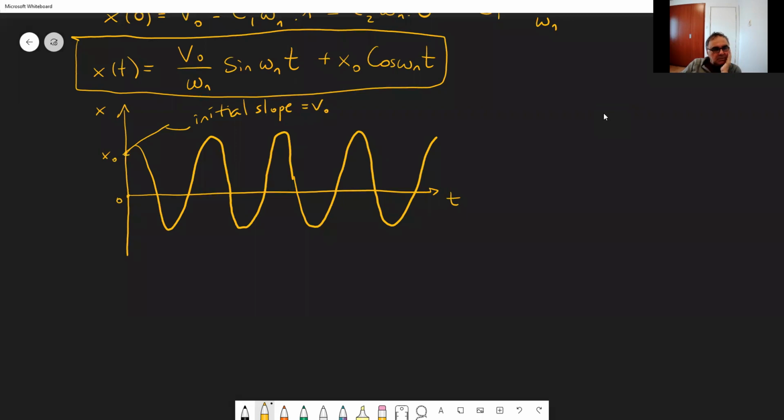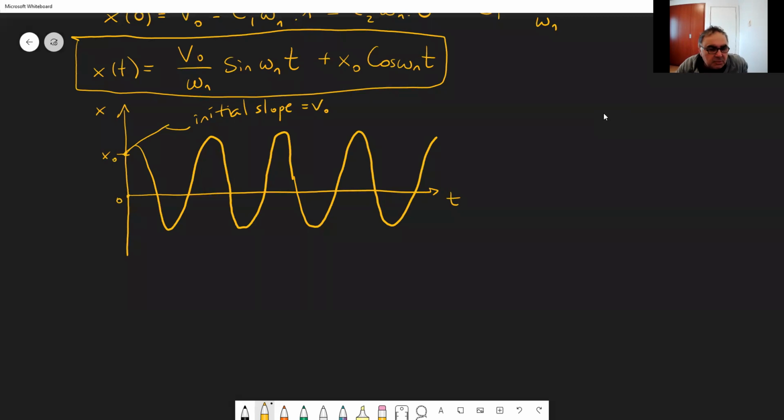This is x0. So it is a combination of a sine and a cosine. Actually, it is a sine wave or a cosine wave with a phase shift.